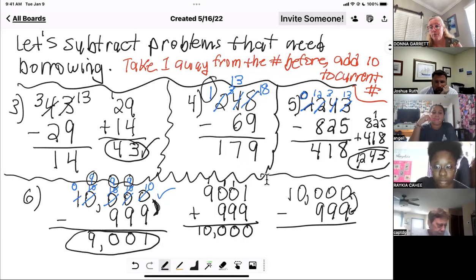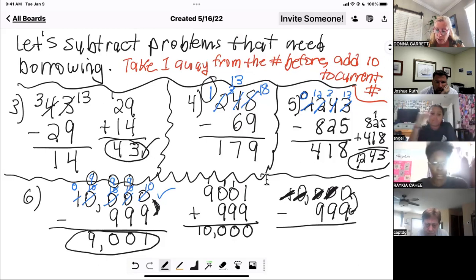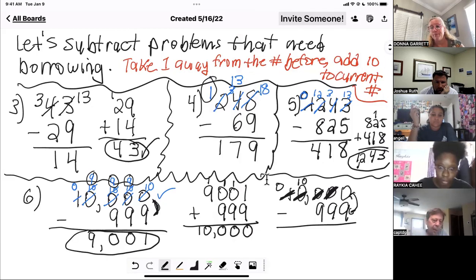Can't take 9 from 0. So if I try to borrow from this, it's already 0. I have nothing to borrow. If I try to borrow from this, it's already 0. There's nothing to borrow. And if I try to borrow from this, it's already 0. I can't borrow anything. So the first one I can borrow from is this one, and make this 0 and make that a 10 and keep going that way. That makes sense? Yeah, because they're all zeros. That's the problem.